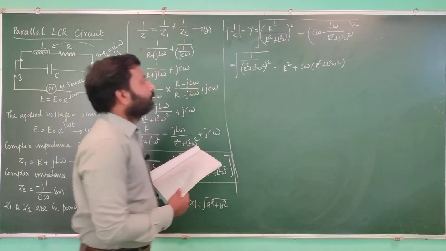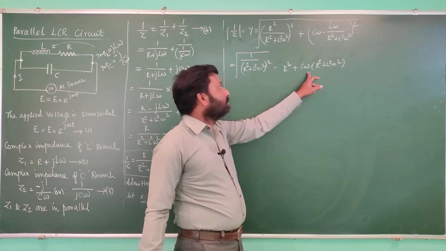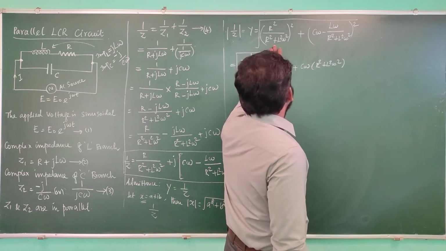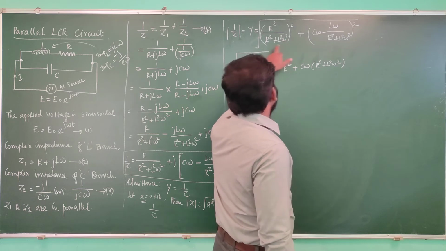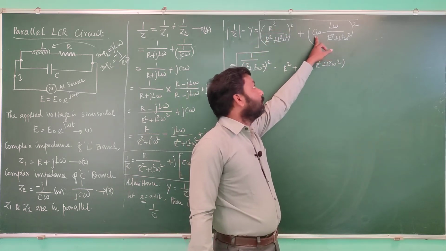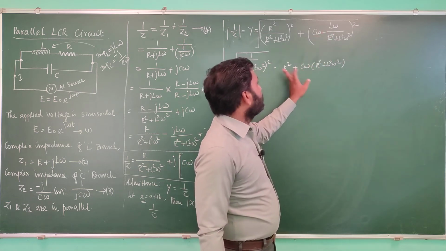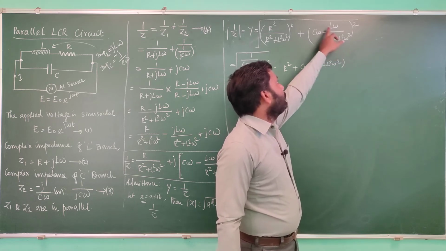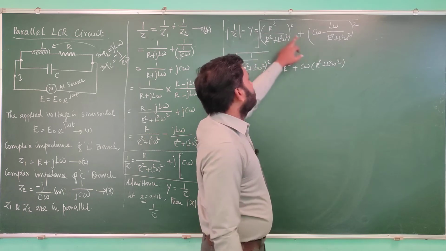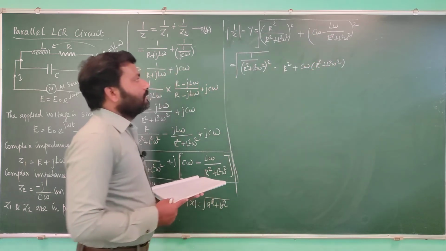Why is R square plus L square omega square multiplied with C omega? Because if you want to take this denominator R square plus L square omega square common, all the terms should have it, but C omega doesn't. So you have to multiply C omega with R square plus L square omega square at numerator and denominator. Then you can take the whole denominator common.